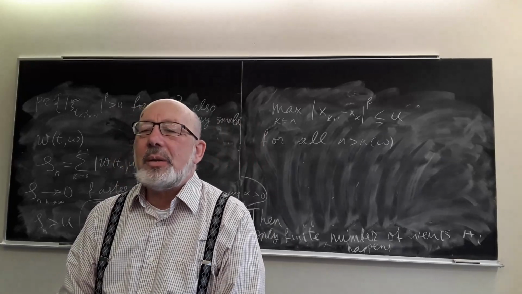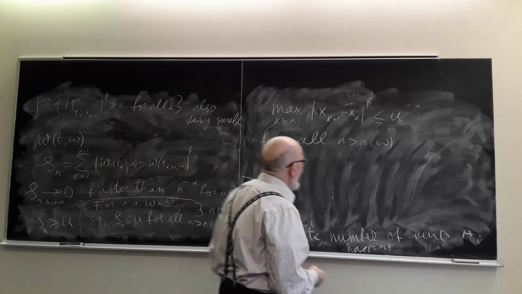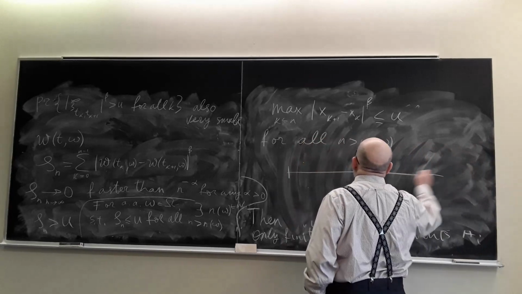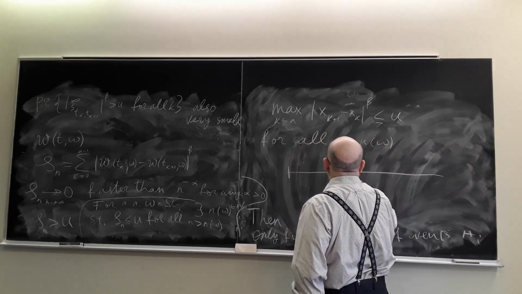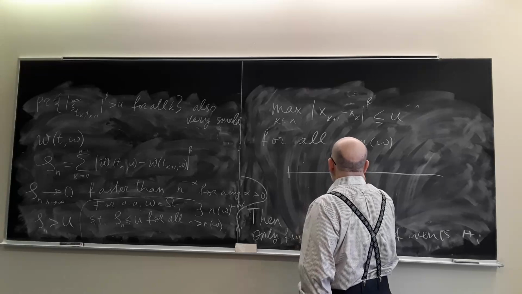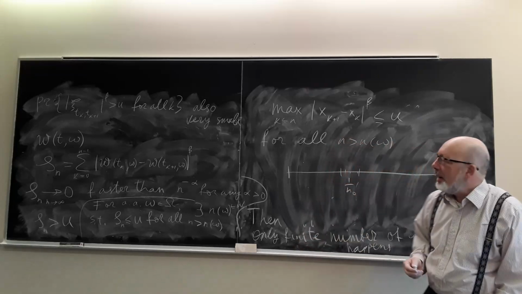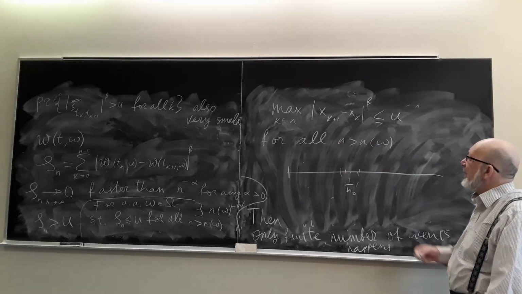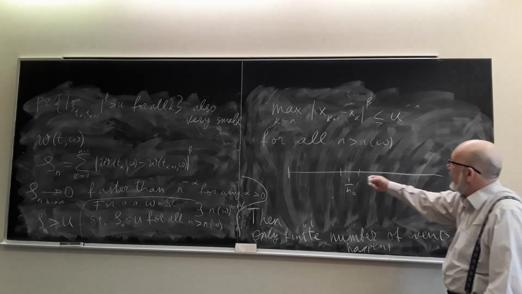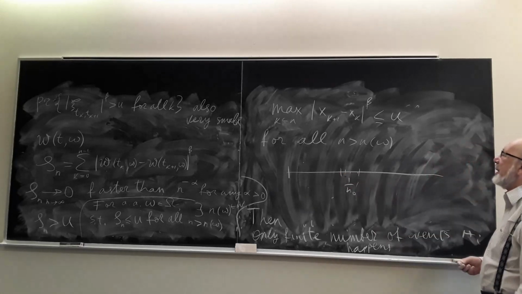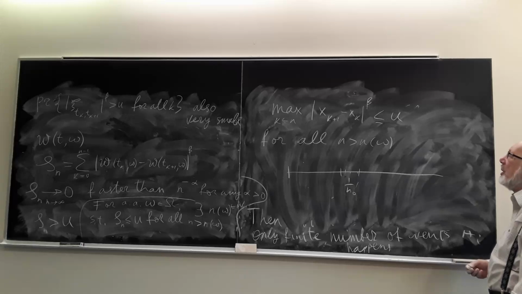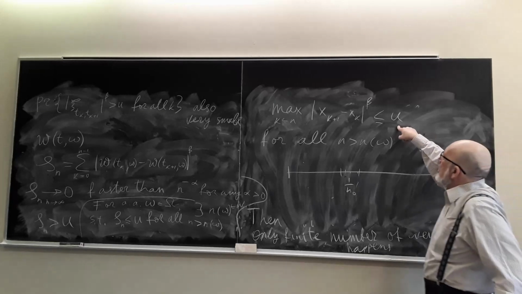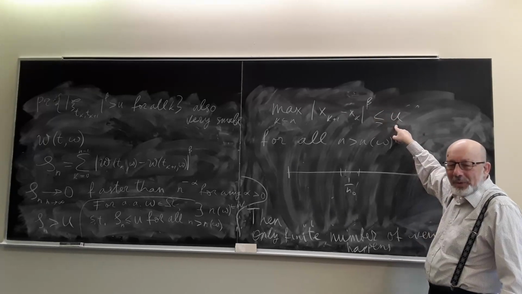This means exactly that at distances 1 over n_0, the oscillation of the function w is less than u to the power 1 over beta. Yes?